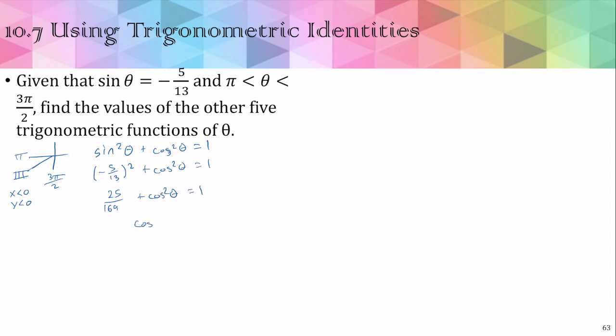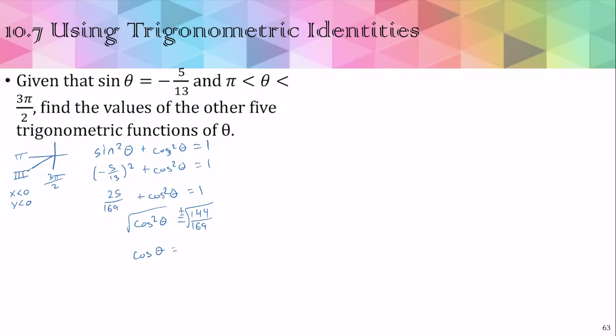So if we subtract 1 minus 25 over 169, that is 144 over 169. And then let's square root. Remember, when you square root, it's plus and minus.